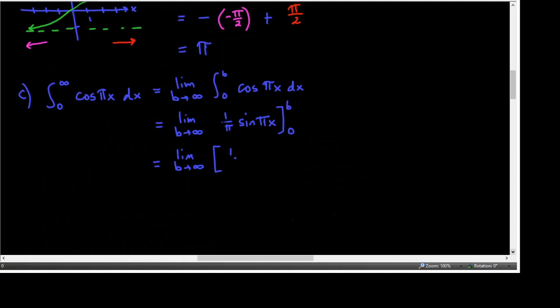So substitute in the upper bound first, so 1 over pi sine of pi times b, minus 1 over pi sine of, see, pi times 0 is 0, so that's going to be sine of 0. And the sine of 0 is 0, so that last term is actually going to just disappear because it turned into 0.